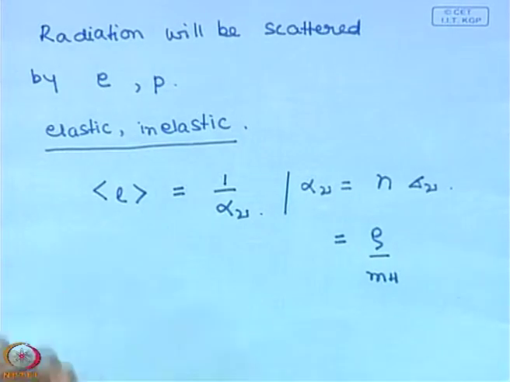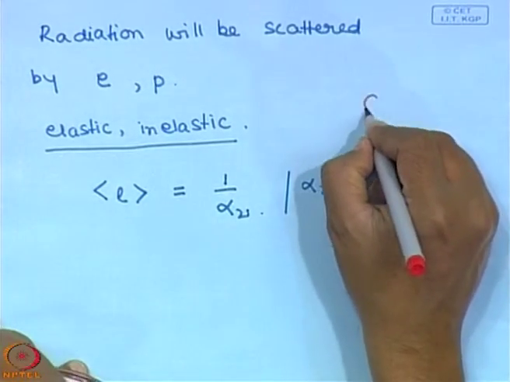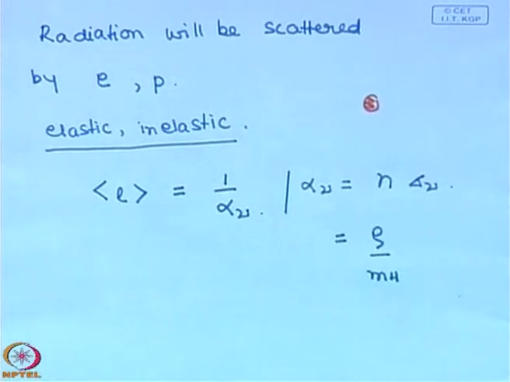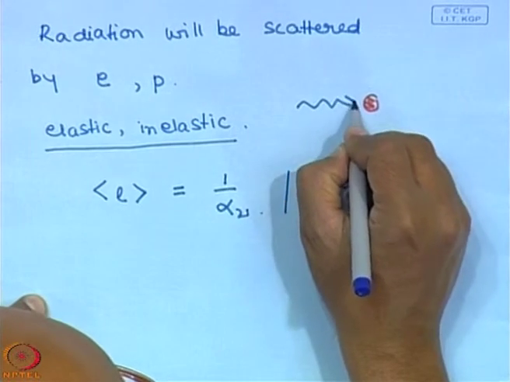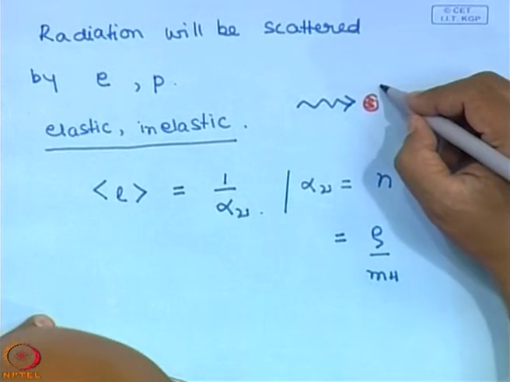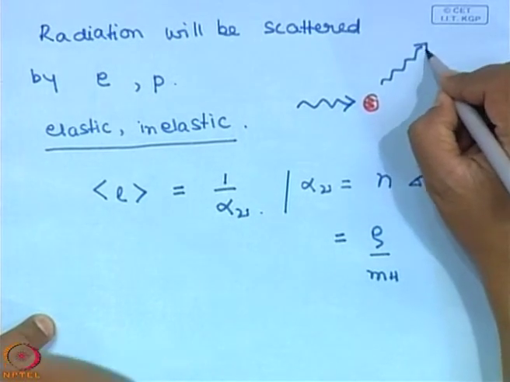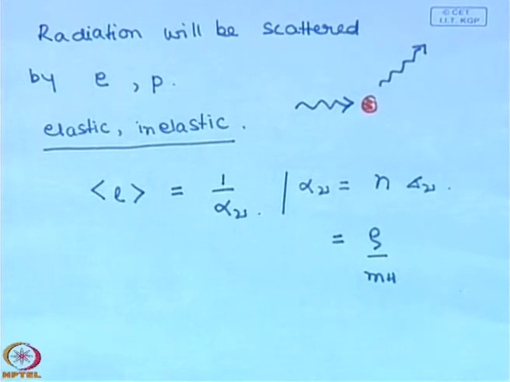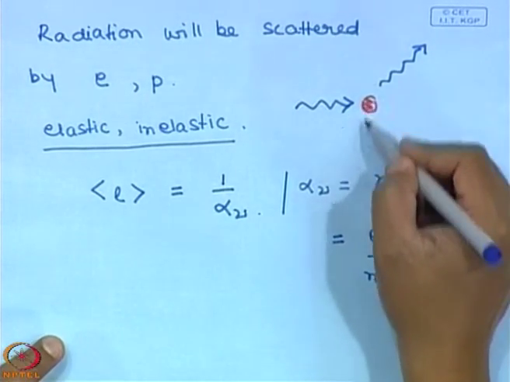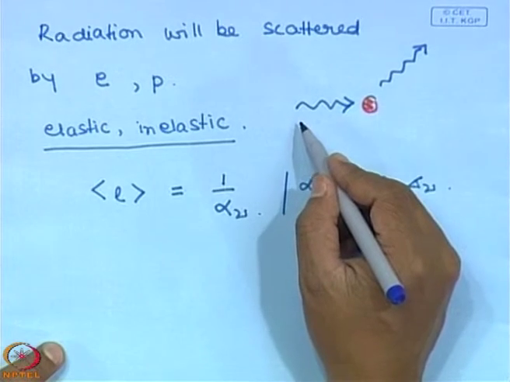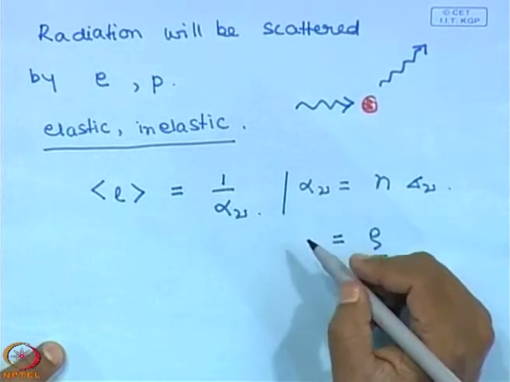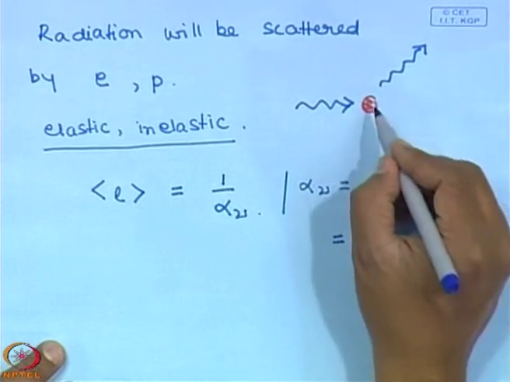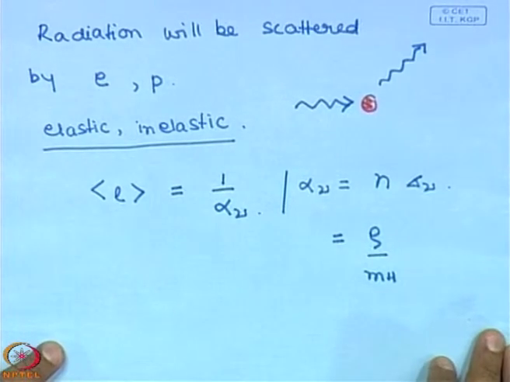Let me draw a picture. So, in Thomson scattering, this is my electron, the radiation incident on this is scattered into some other direction, and you can treat the electron as oscillating because of the incident electromagnetic radiation's electric field, and then calculate the dipole radiation from that oscillator. That is Thomson scattering.